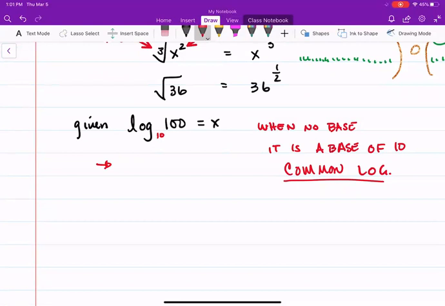Here, I'll write down the base for you. 10. 10 raised to the x is equal to 100. Log base, answer equals power, right? So the base is the base, power is the power, and the answer is the 100. So what would x equal if this is the case?